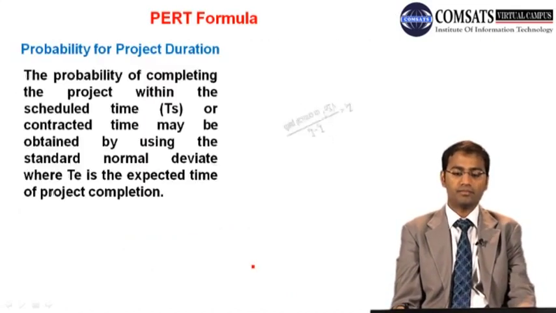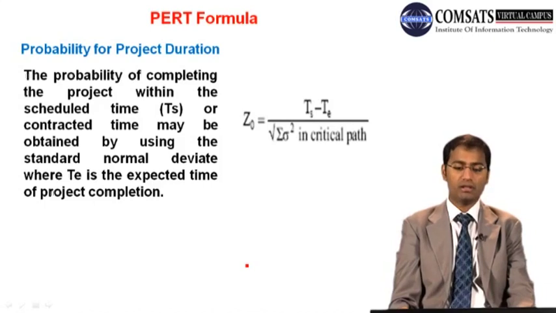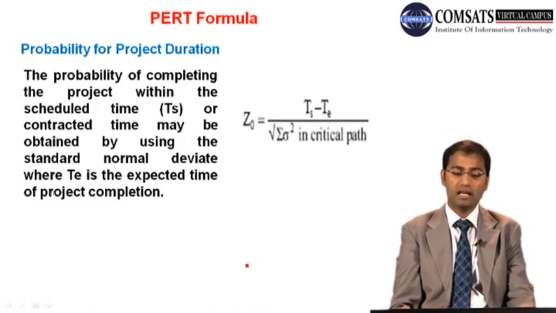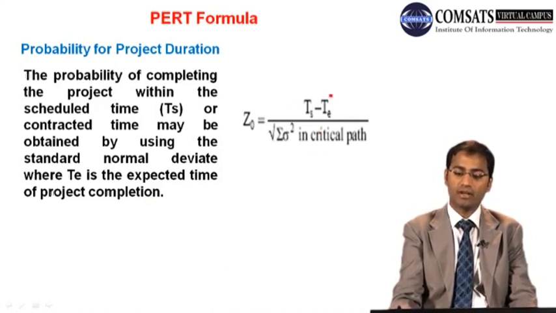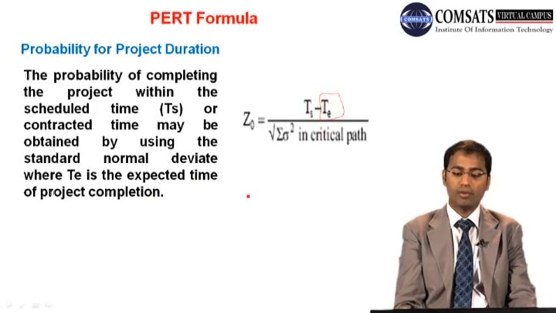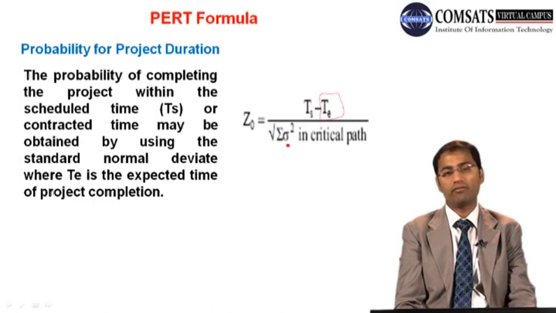And then the probability of the project duration: the probability of completing the project within scheduled or contracted time may be obtained by using the standard normal deviation, where TE is the expected time of project completion. So TE is the expected time duration, and we take the summation of all the variances, square root them, and we get this probability.